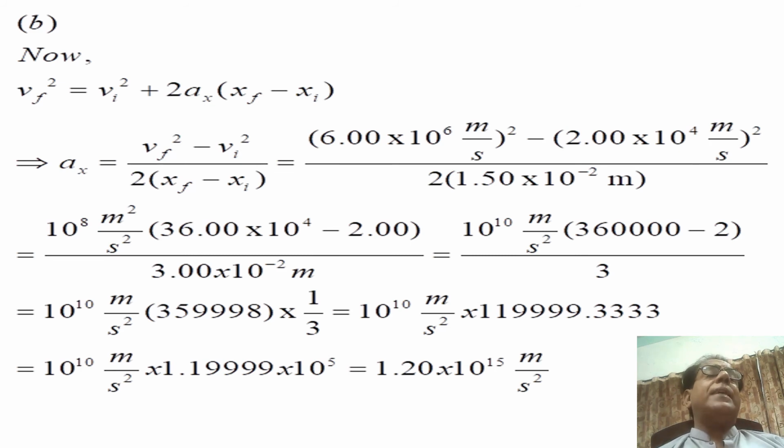So we have taken 10^8 meter squared per second squared as common, and then within the bracket the remaining portion becomes (36.00 × 10^4 minus 2.00) divided by 3.00 × 10^-2 meter.